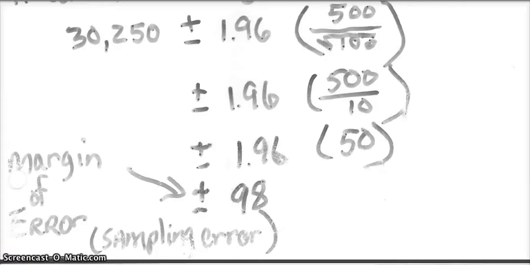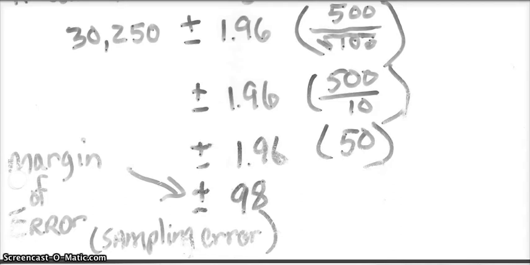Our formula is simply 30,250, the mean. We're going to add and subtract 1.96, the z-value for a 95% confidence level, times 500, the standard deviation, divided by the square root of 100. The square root of 100 is 10, so 500 divided by 10 equals 50. 1.96 times 50 equals 98.